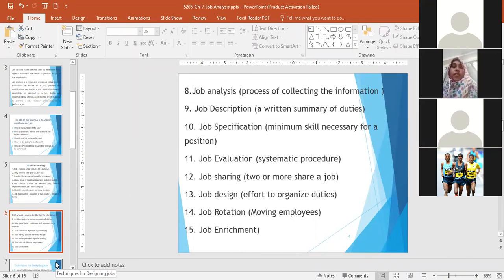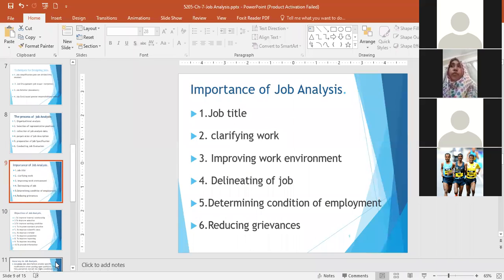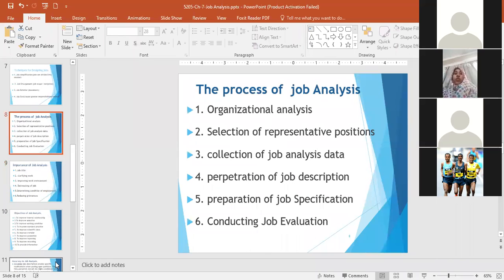So first I discussed the job terminology. You have to know the terms, then you can easily understand what you have to do. So in case of preparation of job specification, think about the Department of Economics.